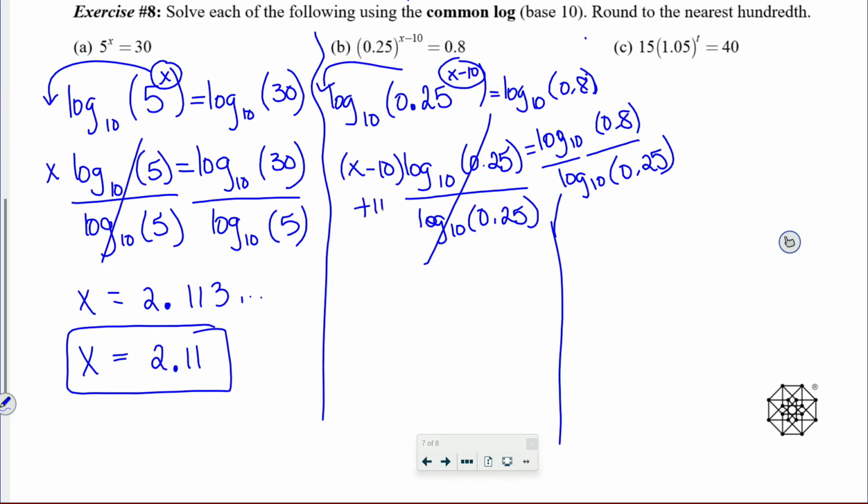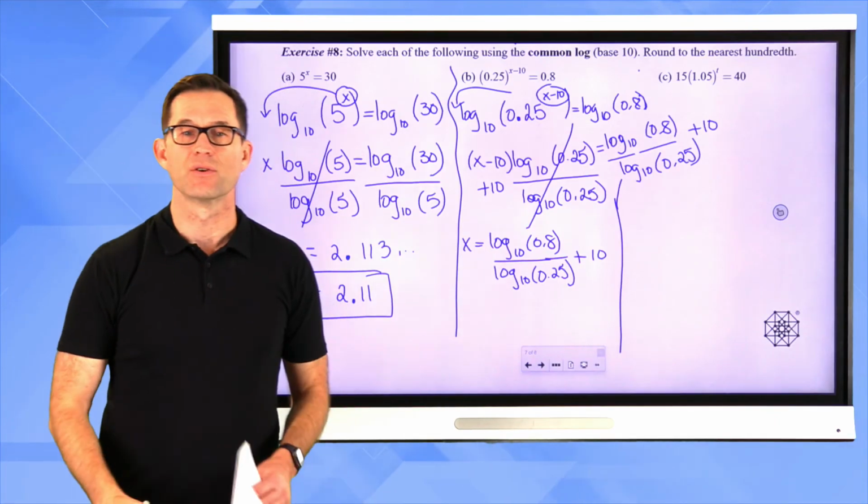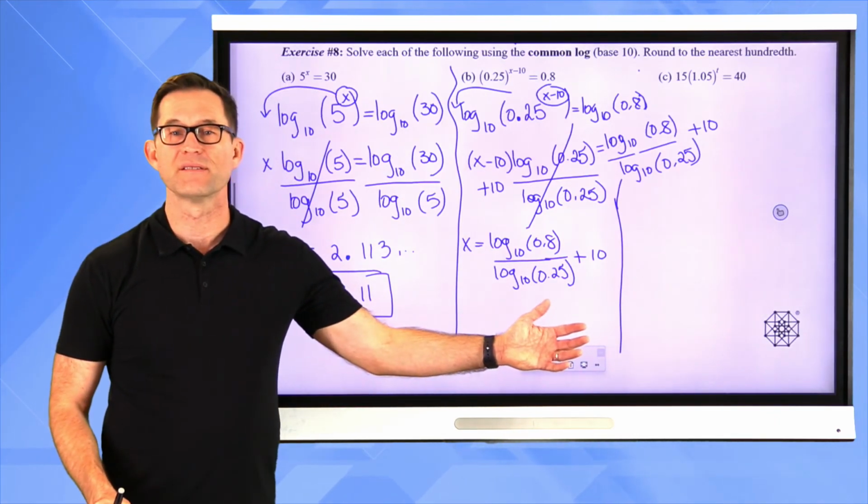I'm just going to now add 10 to both sides. So ultimately, x is equal to the log base 10 of 0.8 divided by the log base 10 of 0.25 plus 10. Right? So that is the exact answer for what x is equal to.